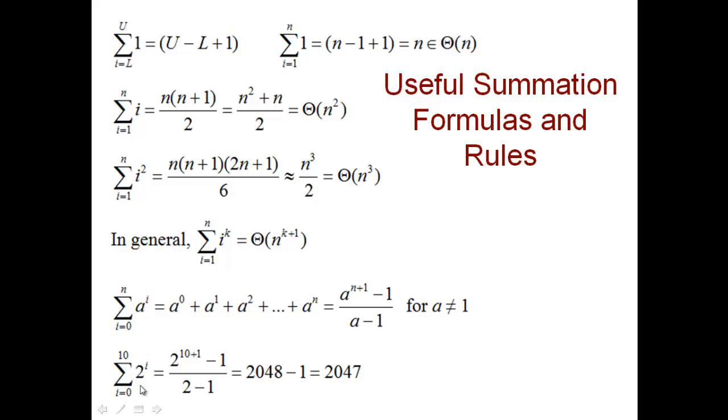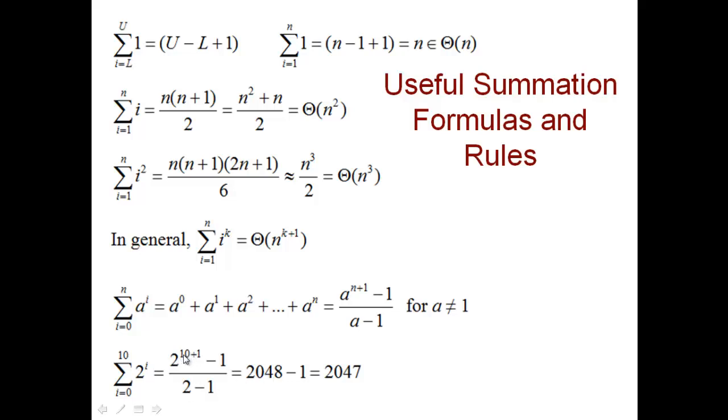If a is 2, so sigma I equals 0 to 10, 2 raised to I. Make sure the I starts from 0 before you apply this formula. In this case, yes, it starts from 0 as in the formula here. So it is going to be 2 raised to n plus 1, where n is 10, so 10 plus 1, minus 1, divided by 2 minus 1.